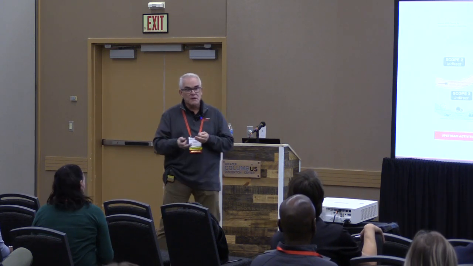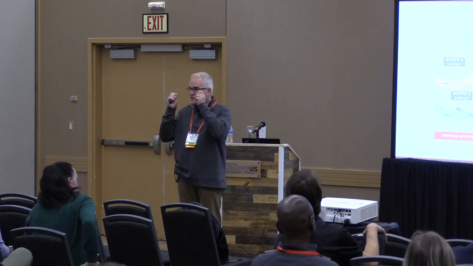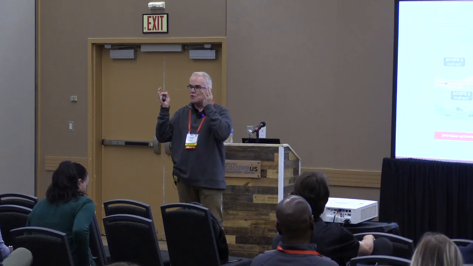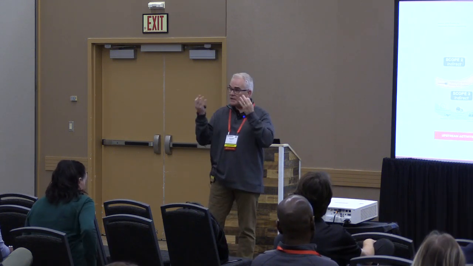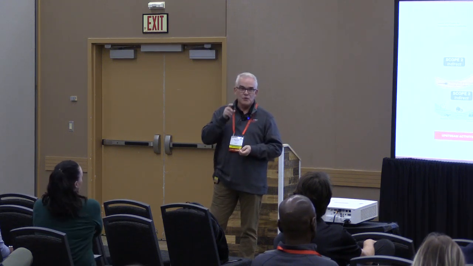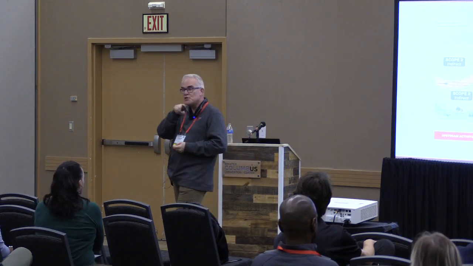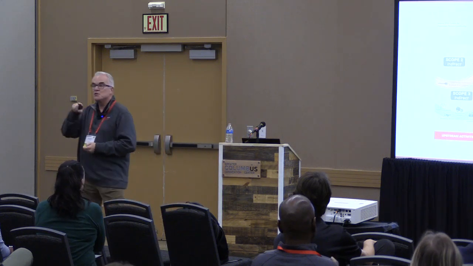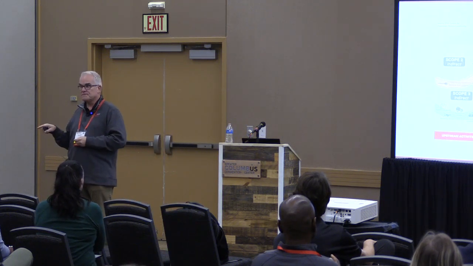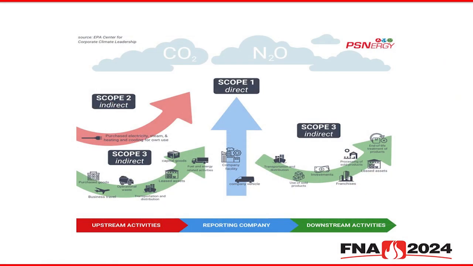So your scope 1 becomes part of their scope 3. They add up all their scopes, 1s and 3s, and there'll be a day, and it's coming soon, when they'll be reporting that. And when that day happens, they'll be pushing you to reduce your scope 1, which will then reduce their scope. So this is an important item that you really need to be starting to think about if you're not already.